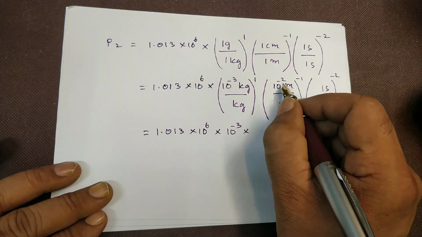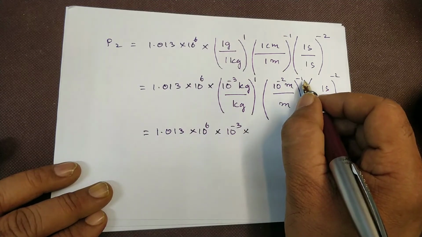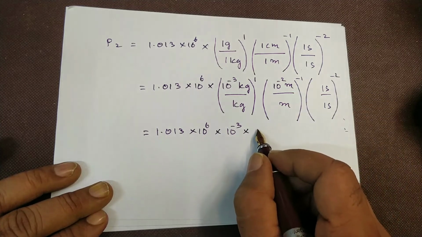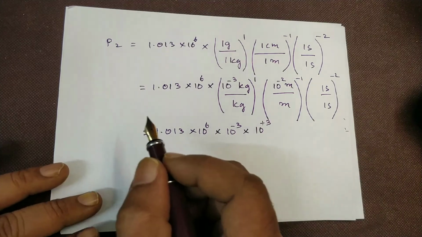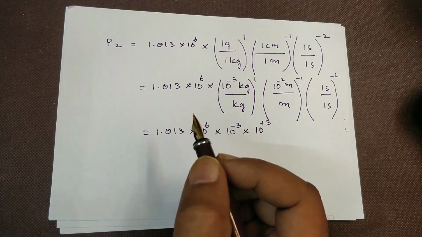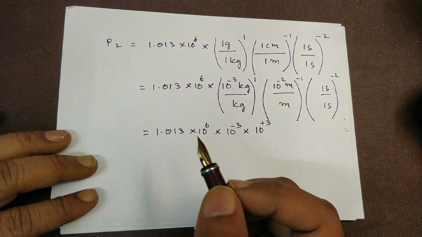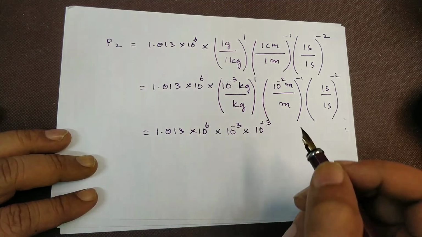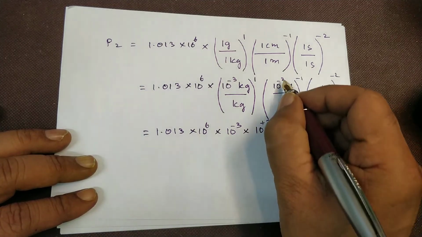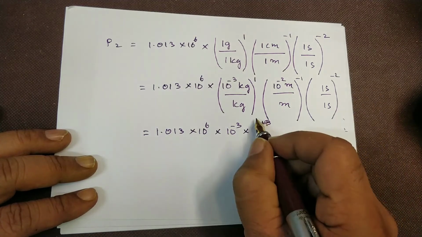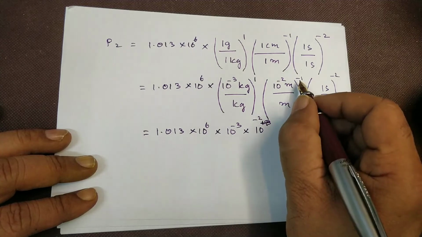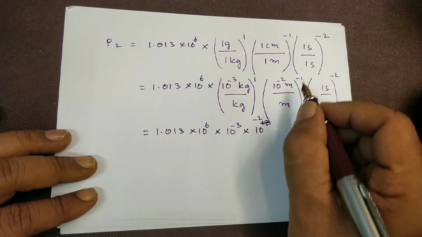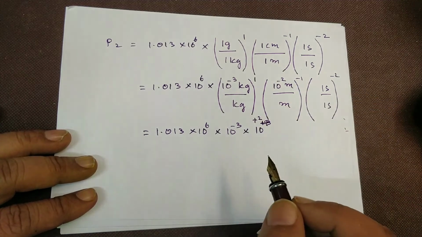And 10 power minus 2 divided by 10 power minus 1 is 10 power minus 2 as the meter is cancelled, and the power minus 1 means plus 2.